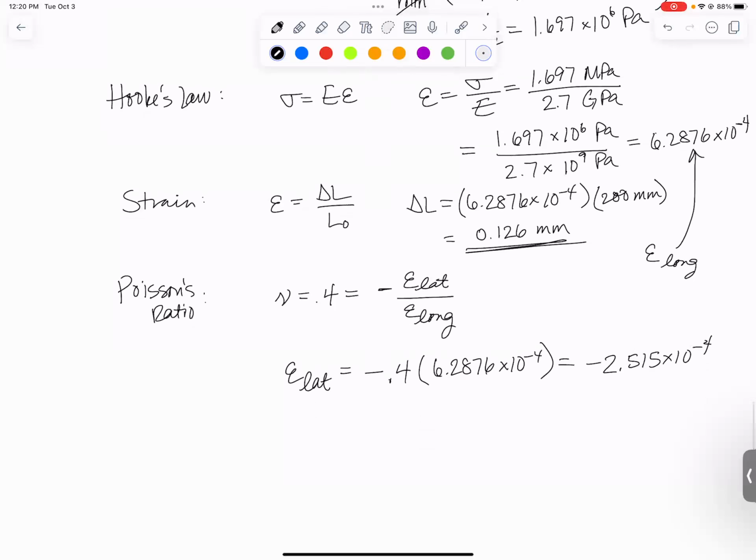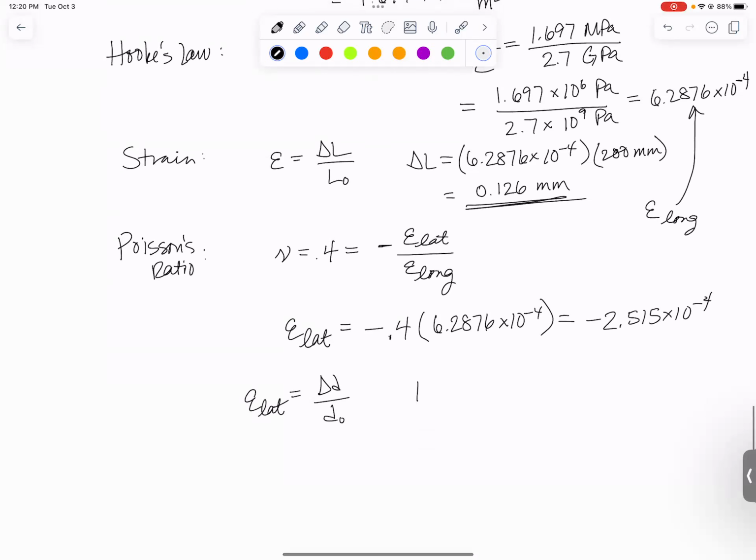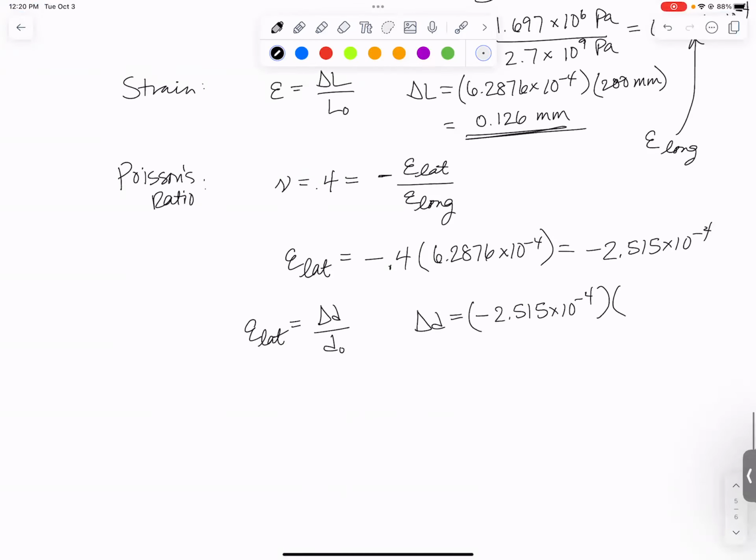And then finally, we'll go back to the definition of strain. Epsilon lateral is delta diameter over original diameter, or delta radius over original radius. It'll both work. So my delta diameter is going to be minus 2.515 times 10 to the minus fourth times the original diameter, which was 15 millimeters.